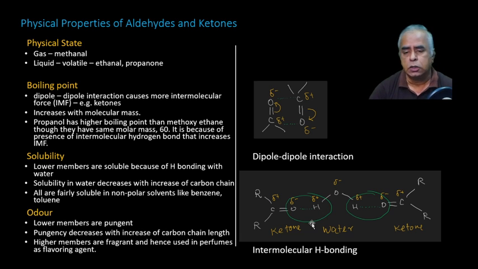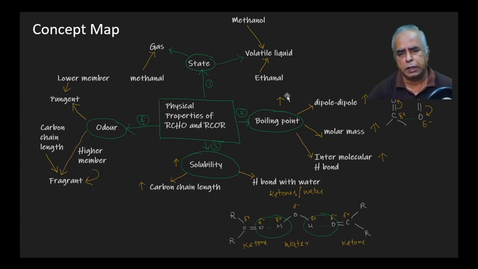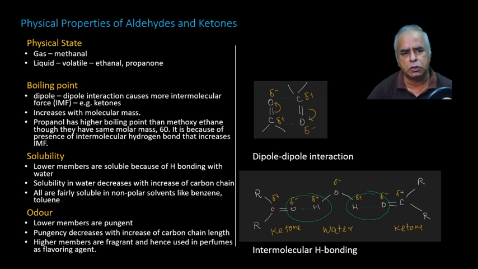So likewise you can illustrate everything based on your concept map. The concept map is useful for understanding the entire content, and based on that you will be able to explain very neatly as neat notes.